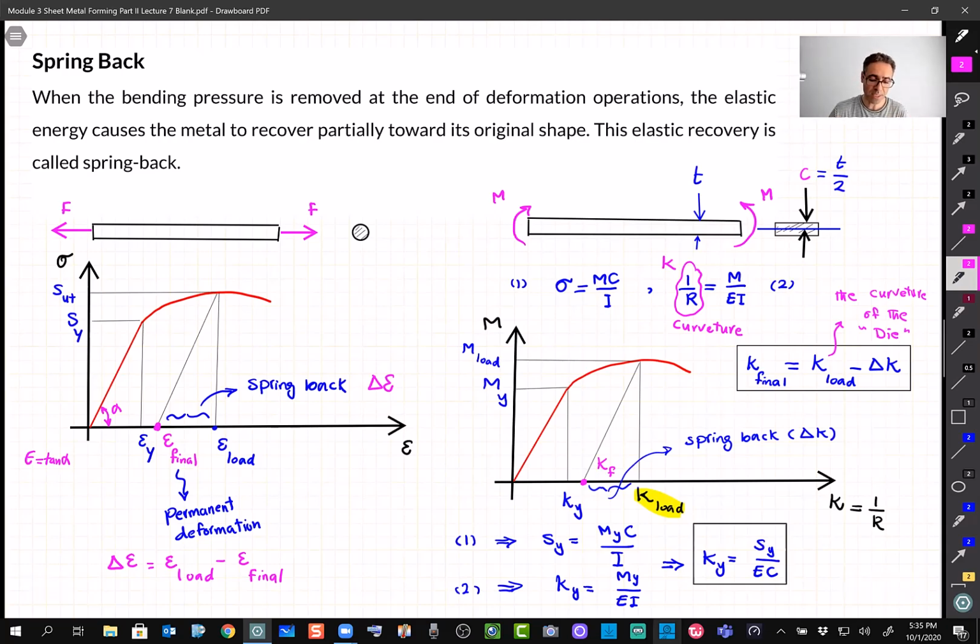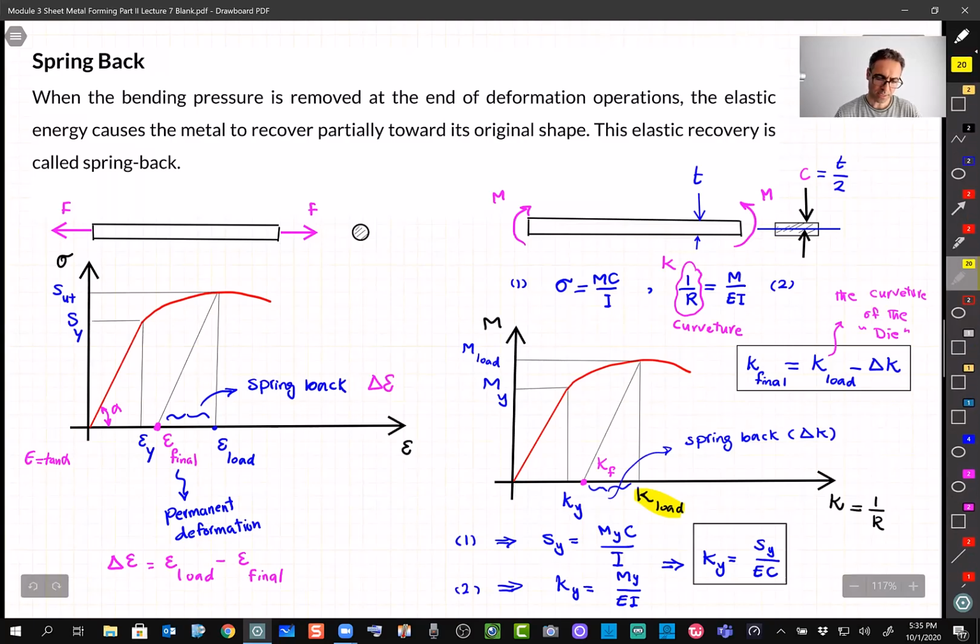But instead what we get is going to be a different number. It's going to be a smaller number, smaller curvature, bigger radius, because it's going to open up. The radius becomes larger, right? But now we need to answer this question. How much is this delta K? Can we calculate it? That's the question that we'd like to answer.